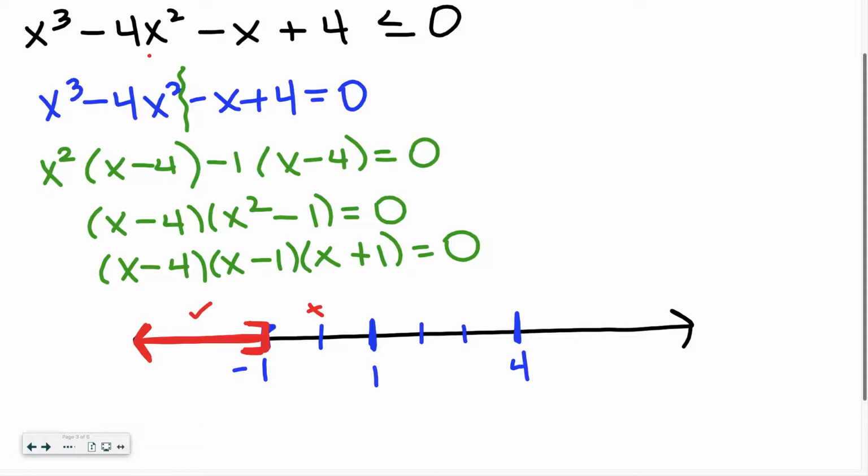If we plug in 2, we would have 8 minus 16 minus 2 plus 4. Is that going to be negative or positive? That's going to be negative, which is less than or equal to 0. Since that does satisfy our inequality, so will the entire interval. And since we have equality, we can put brackets there.